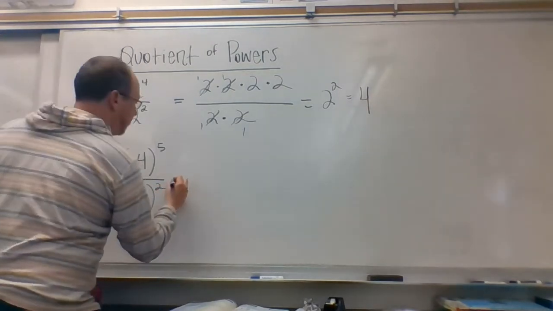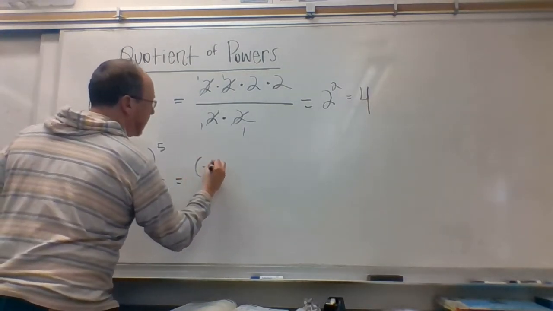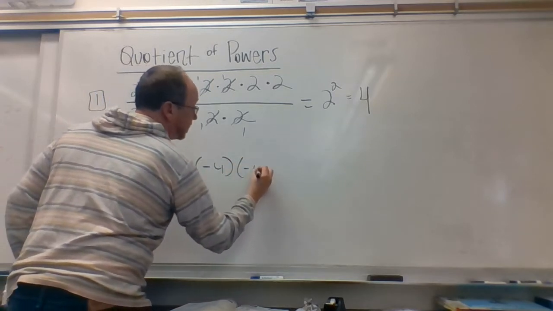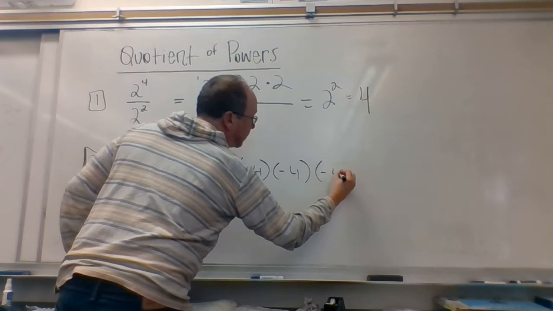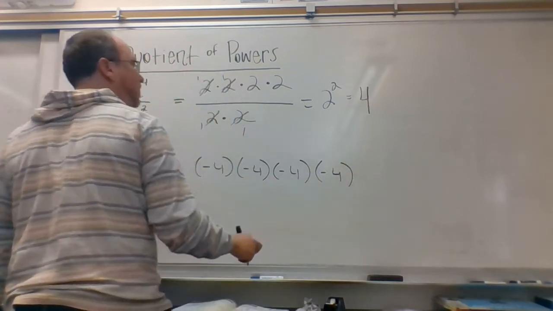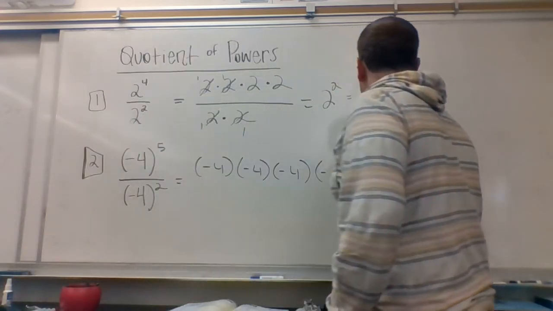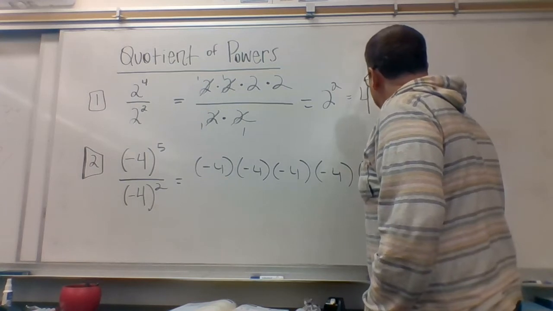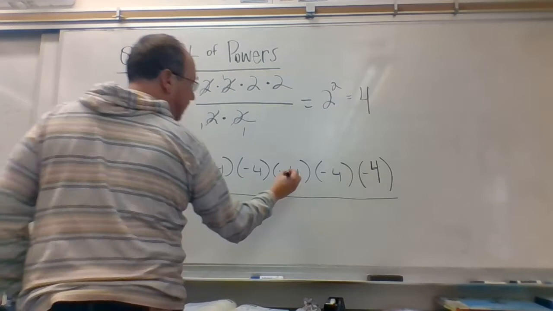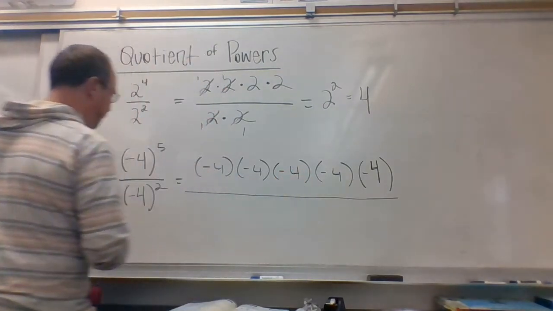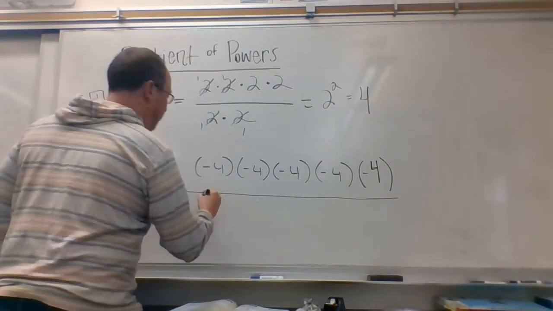And then here, you probably had negative 4 times a negative 4 times a negative 4 times a negative 4, 1, 2, 3, 4, 5 times a negative 4, divided by negative 4 squared.